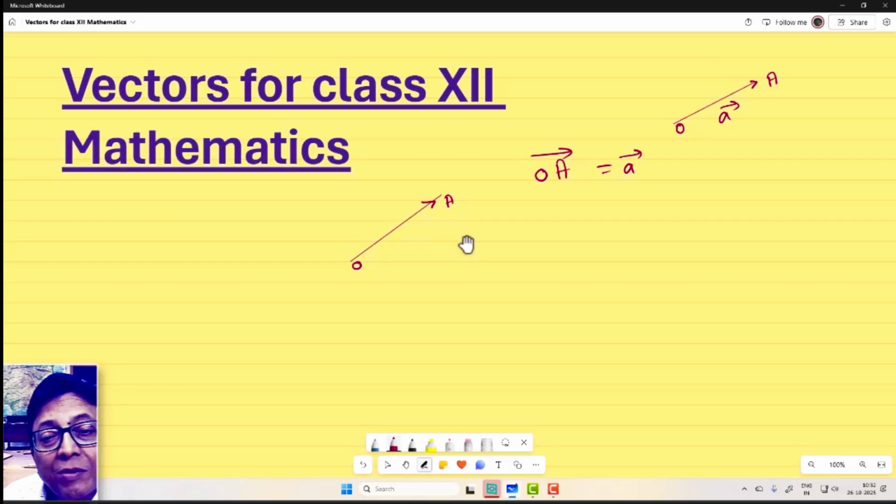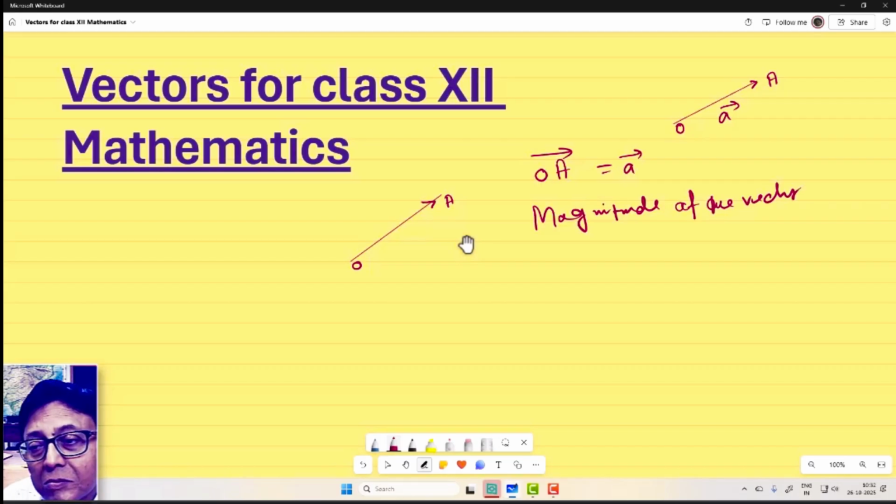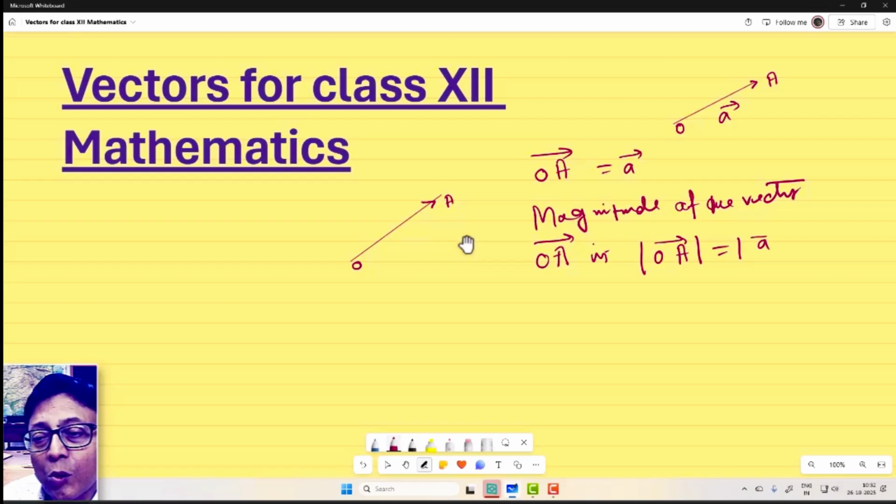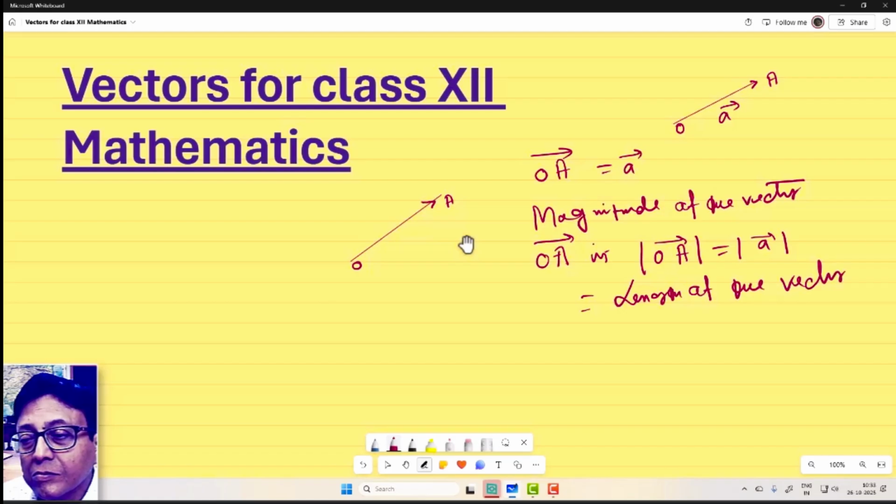What is the magnitude of the vector? The magnitude of the vector OA is written in this manner, or mod A. This is equal to the length of the vector, which is the straight line distance between the tail and the tip.